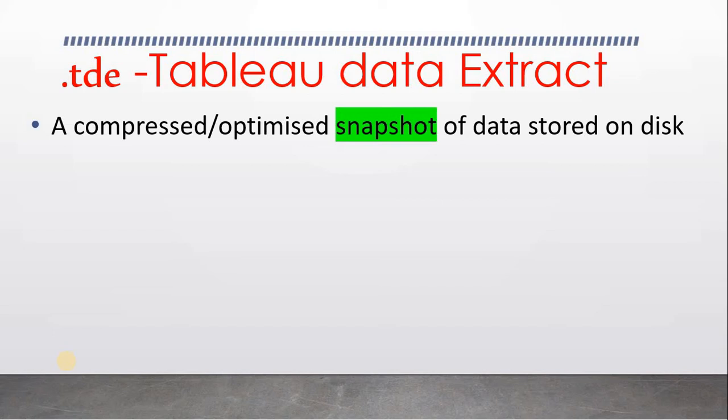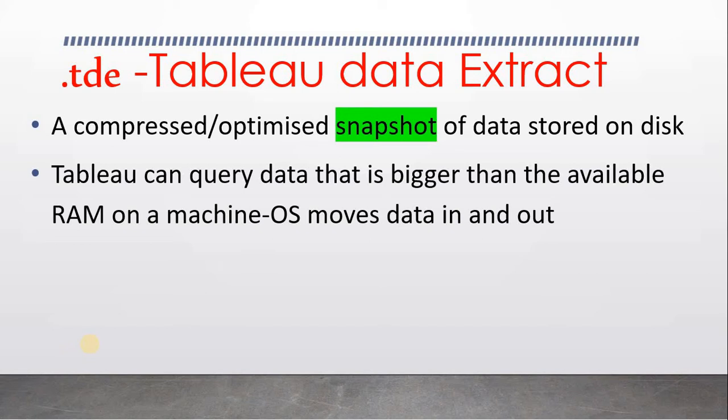Because of that, the access is fast. Even though it looks big, we can access it faster because of Tableau's optimization and compression techniques: we bring half of the data first, and then when we go for another half, Tableau swaps those files. That's what makes it fast.